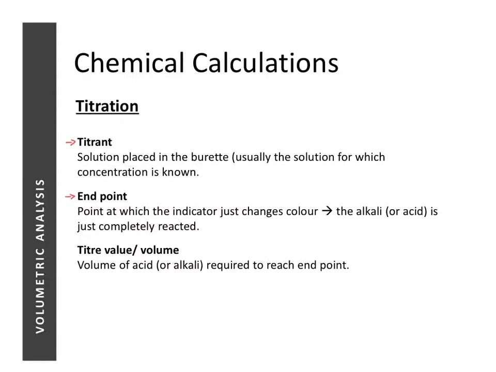And lastly, the volume of the acid or alkali required, so the volume of the solution used in the burette, is called the titer value or titer volume. The objective of a titration is to find the volume of titrant required to reach the end point of a titration. This volume of titrant used is known as your titer value or your titer volume.